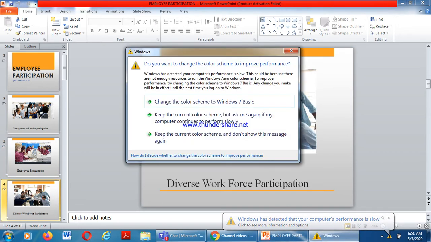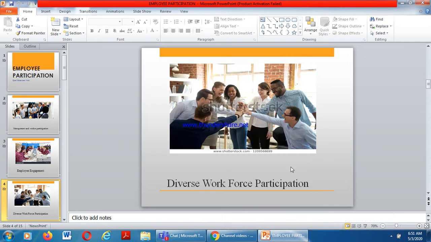In the next slide, we see how a diverse workforce can come together with different colors, races, and religions, and make a team. And that team is due to participation. It inculcates the concepts of creativity and innovation.